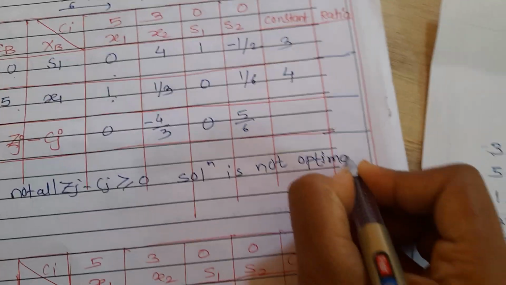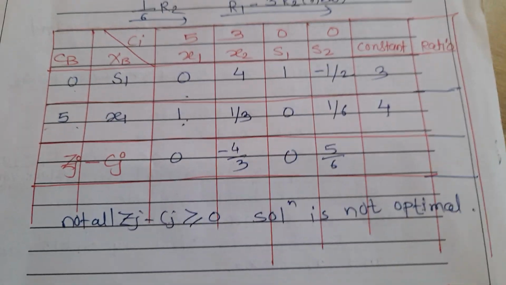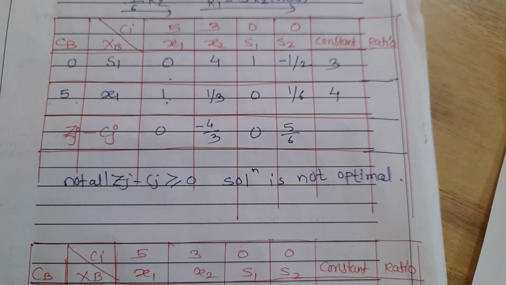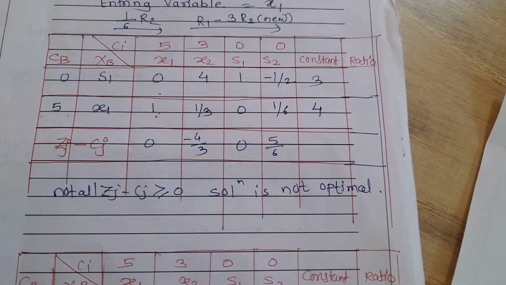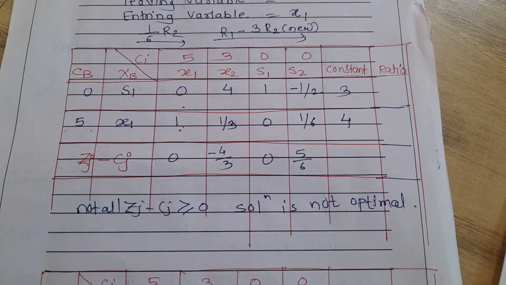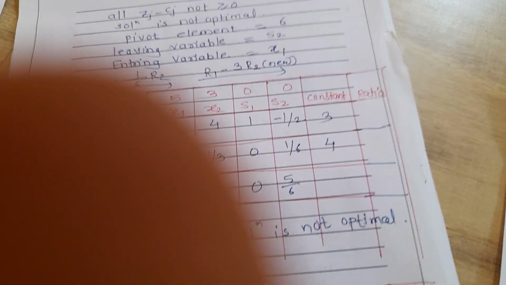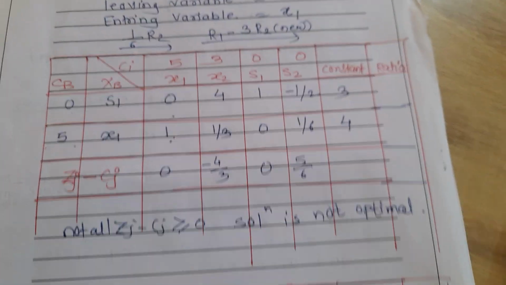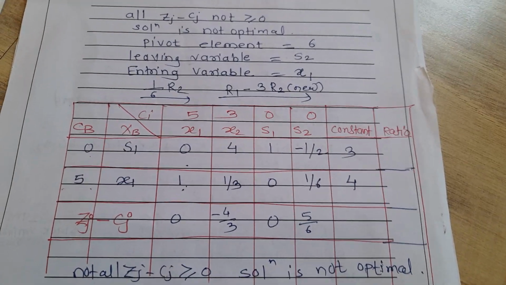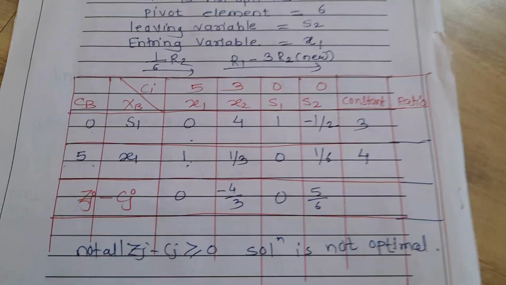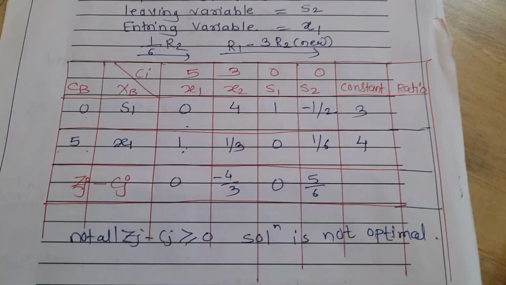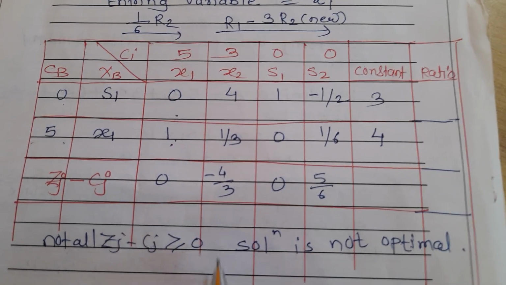Therefore, we again select the entering element, leaving element or pivot, and pivot element. Now, how do we select the pivot row or pivot column?